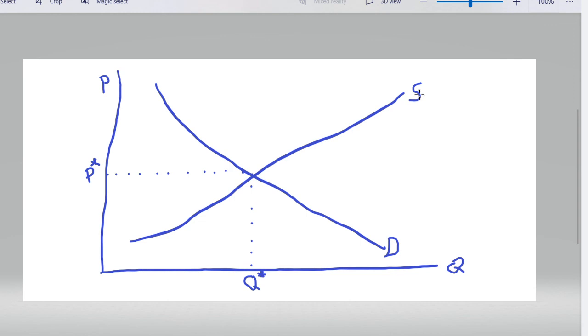Now, in the statistical work that I've described, we used the plots of a linear regression to describe a line. Well, imagine that we could do that here as well. We can describe a supply curve based on the observation of sellers. We go out in the real world and count the price and quantity of the good produced.